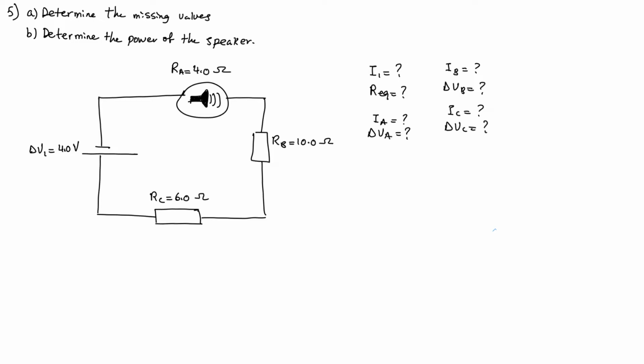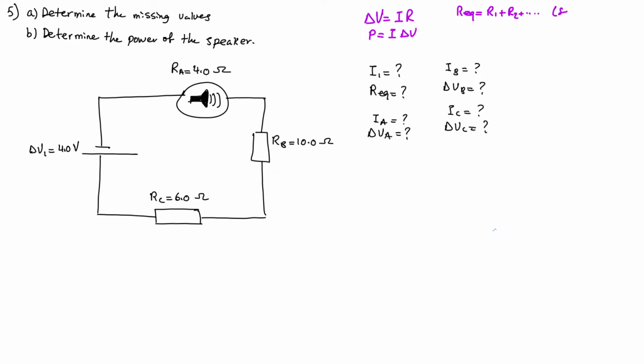Then what I usually do in these types of questions, I look for information. So I look to see if there is any set of 2 pieces of information given for the same component. And if that's the case, I can always use, I'll write down our equations here. So V is equal to IR, that's delta V, and we have power is equal to I delta V. We also have equivalent resistance for a series circuit, which is R1 plus R2 plus dot dot dot.